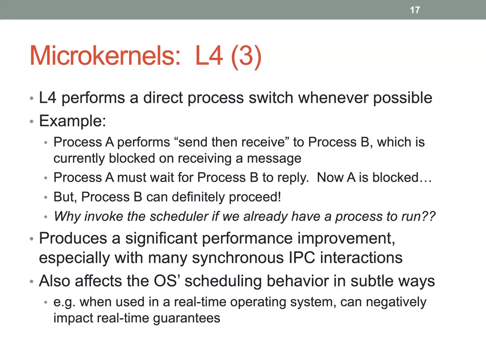I need the CPU every 20 milliseconds, and the OS is considered to have failed if the process doesn't get the CPU every 20 milliseconds. That's an example of a real-time OS scheduling guarantee. If you have this kind of direct process switch mechanism where you're not involving the scheduler, then you may not be able to uphold all the guarantees you'd like to uphold.